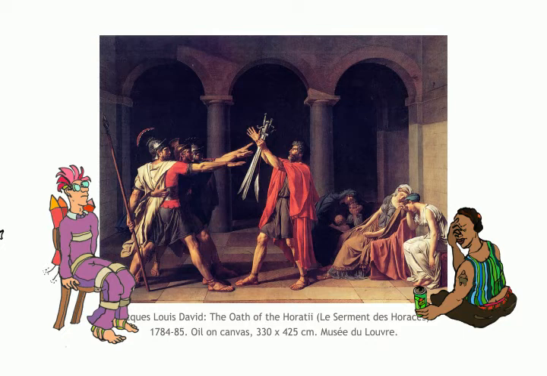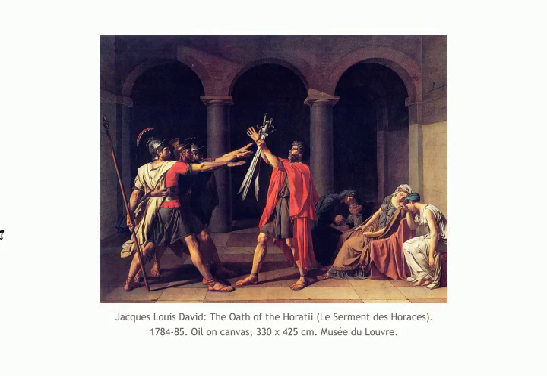She was betrothed to be married to one of the brothers from Alba Longa, and actually one of the Horatio brothers was married to one of the sisters of the fighters from Alba Longa. So it makes no sense at all that they would fight each other, or maybe it makes sense because they were family and families fight, but normally not to the death.